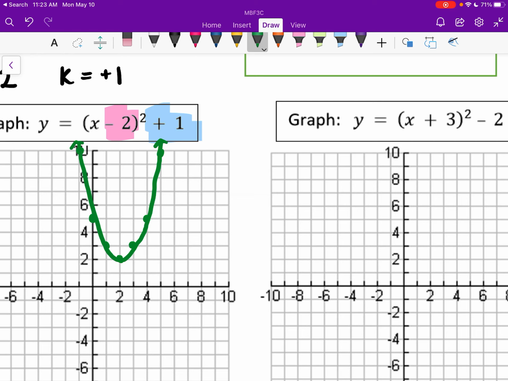So it makes sense because it is shifted to the right by 2 and up by 1, right? So I just took the original function, which was this. I'm just drawing in the original for clarity's sake, so that you know what we're shifting. Right?